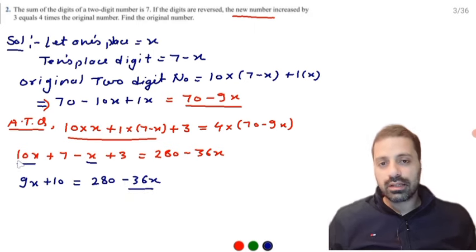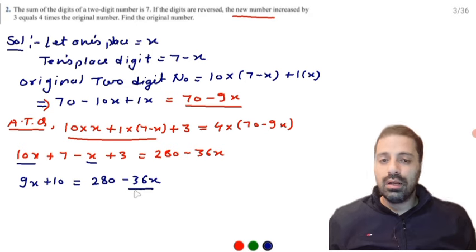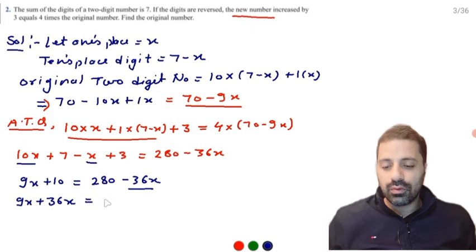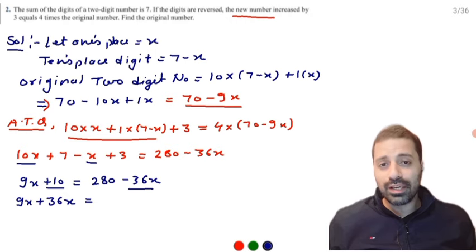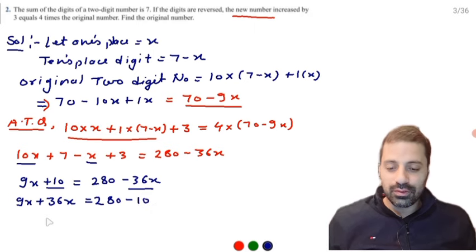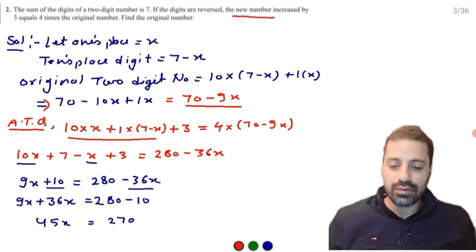Negative 36x when transposed to the left hand side becomes positive 36x, and the plus 10 on the left hand side becomes negative when it moves to the right hand side. So 280 minus 10. So now we have 45x is equal to 270.